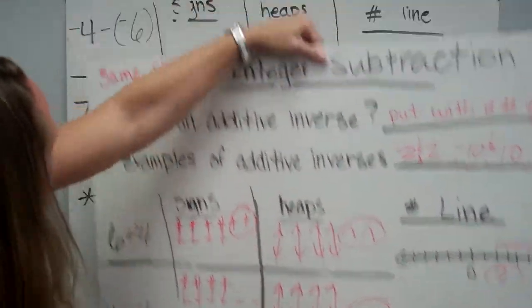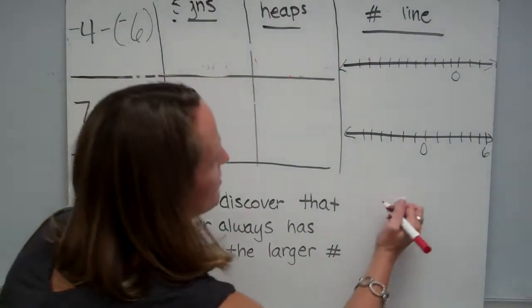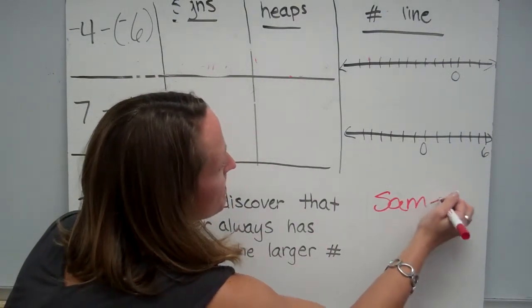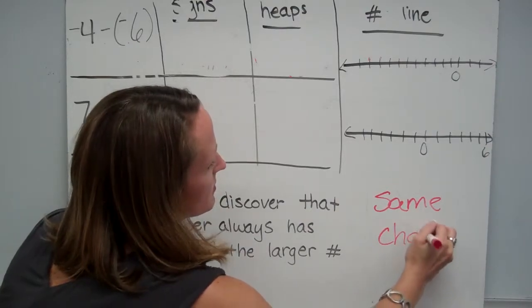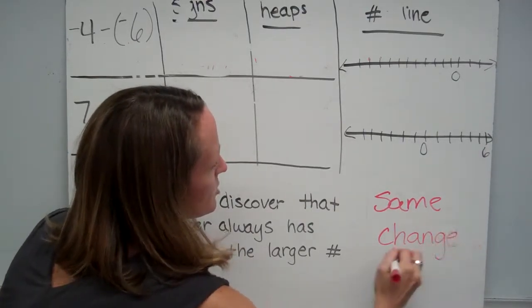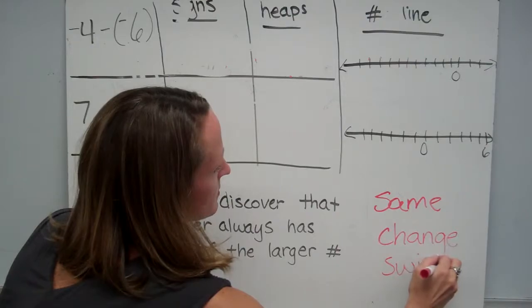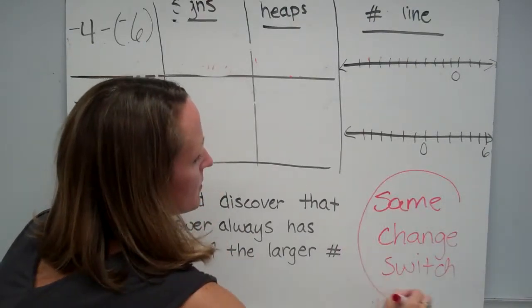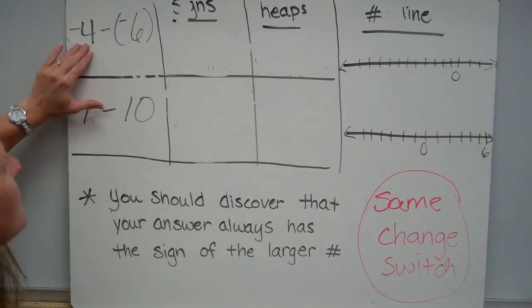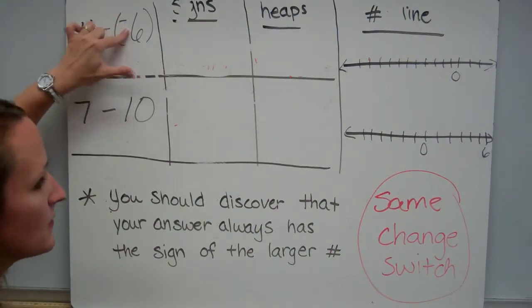Let's get another one. Remember the rule. Same, change, switch. All right, -4 minus a -6.